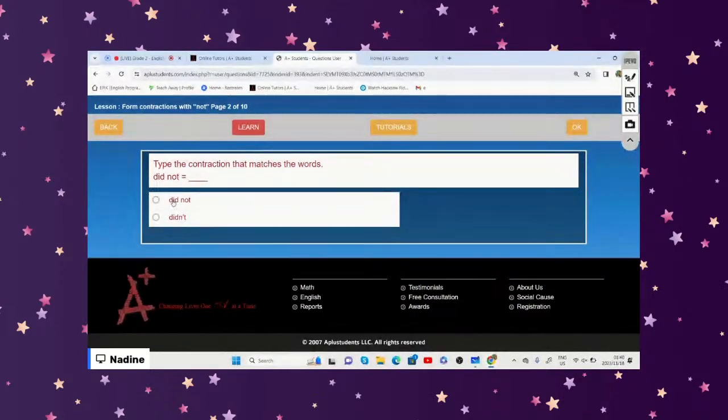Did not. So if we find the contraction, is it option 1, which is did not, or option 2, which is didn't?